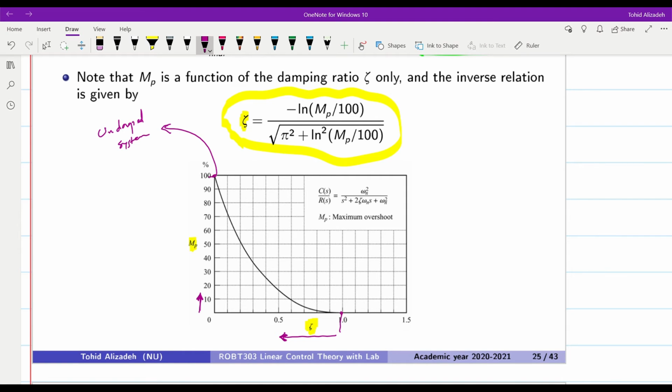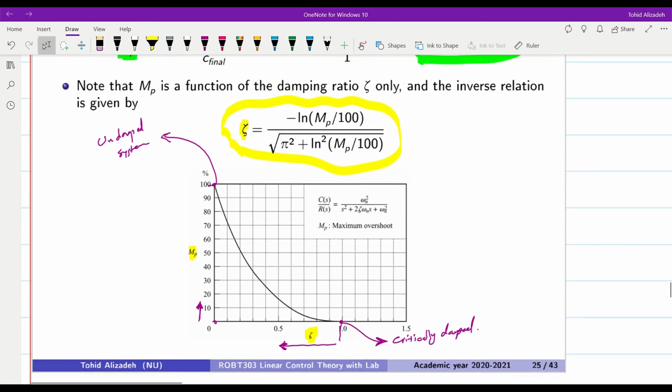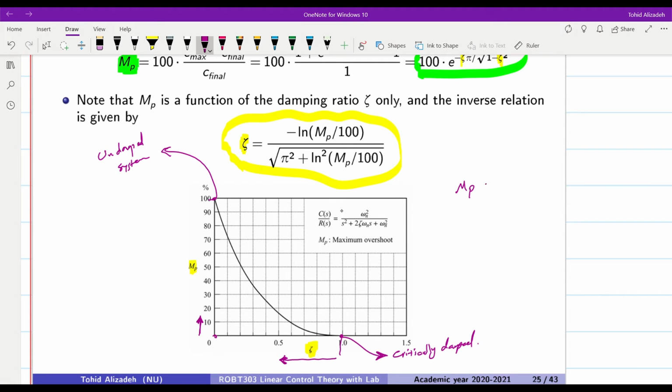When zeta becomes equal to 1, the overshoot will be equal to 0. And you should remember that zeta equal to 1 is indeed what we have for the critically damped systems, where we don't have any overshoot. So this is quite important to keep in mind. MP is related or is proportional to kind of 1 over zeta. As zeta increases, MP decreases, and vice versa.